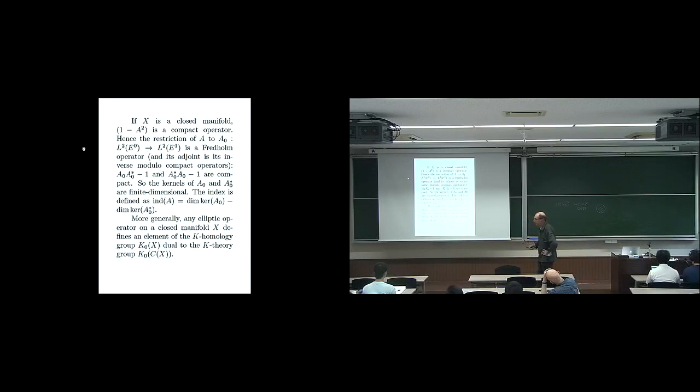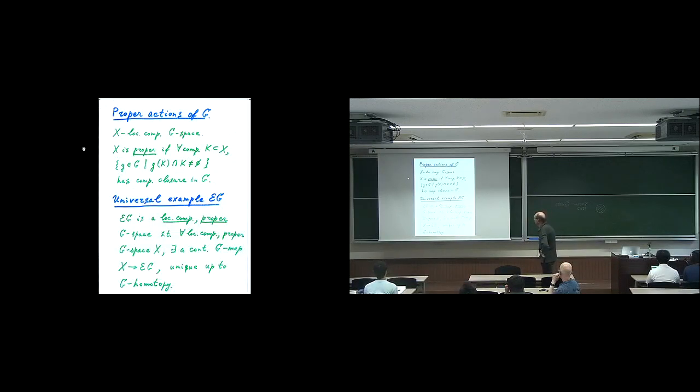It's a topological thing which is dual to topological K-theory. It can be defined purely topologically, and it appears that this group is very useful in index theory, and it can be defined analytically, as I said, using this kind of operators combined with representations of C0 of X.